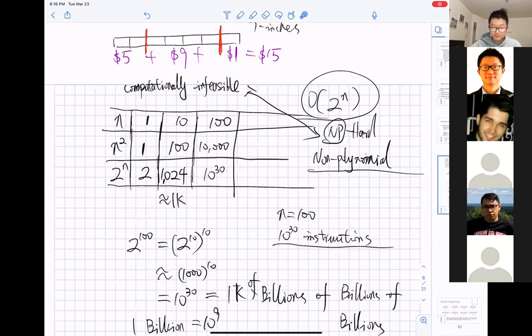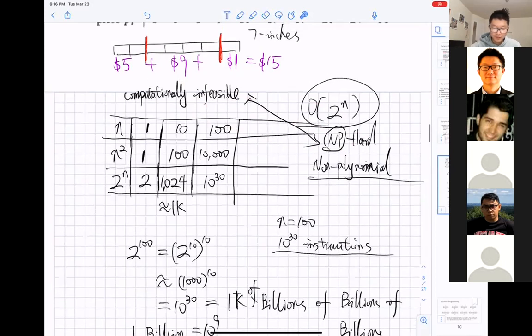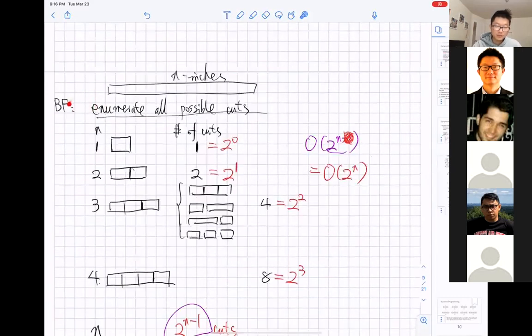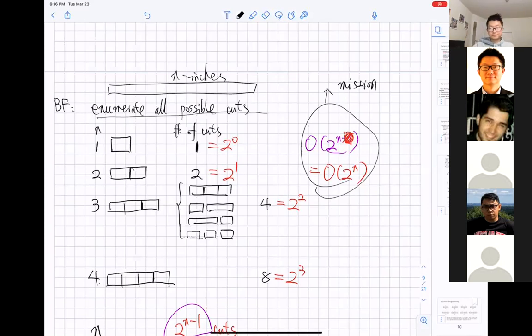So here you can say that if we follow the brute force way to enumerate all the possible cuts, it's basically going to be mission impossible. We will get 2 to the power of n complexity.